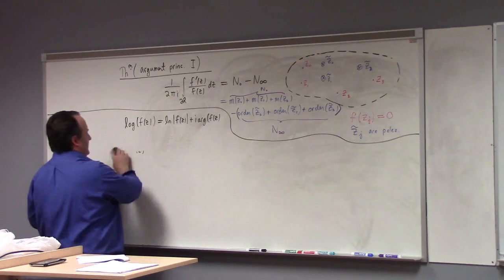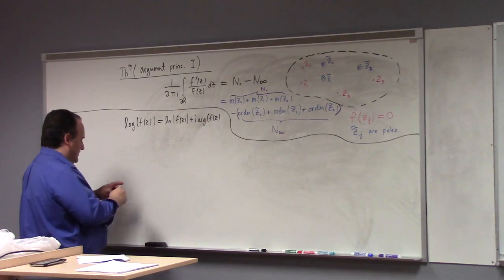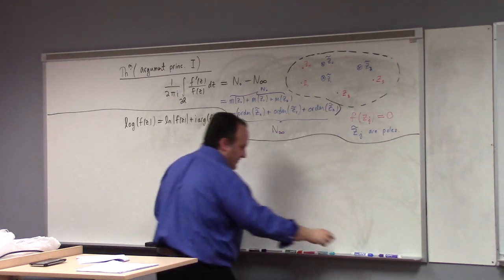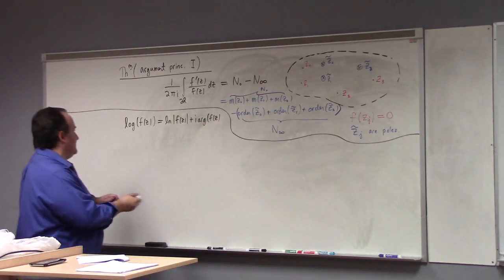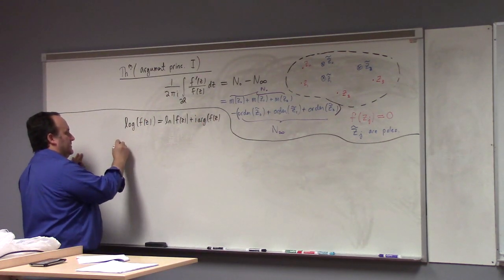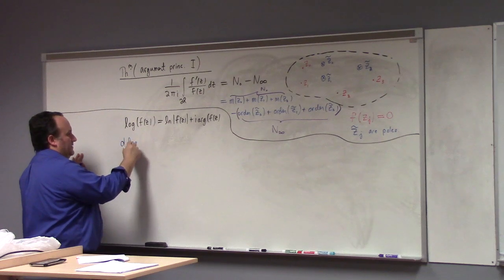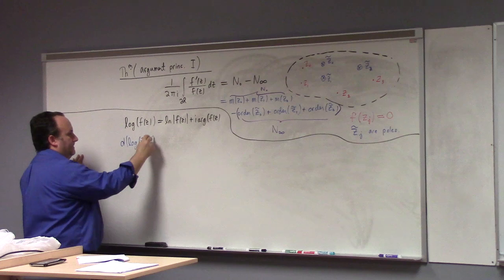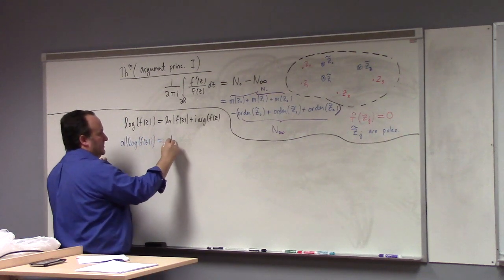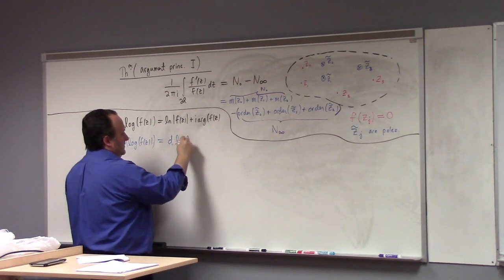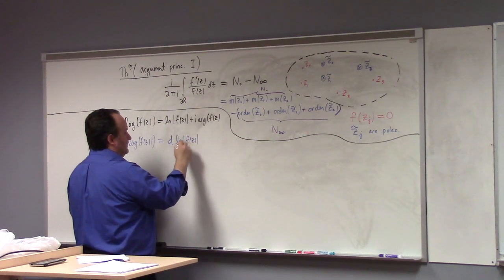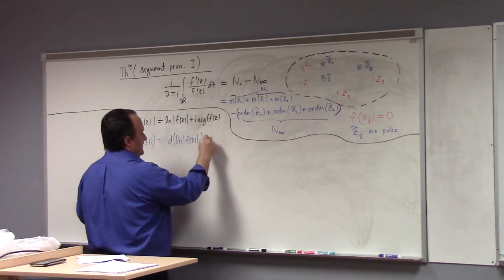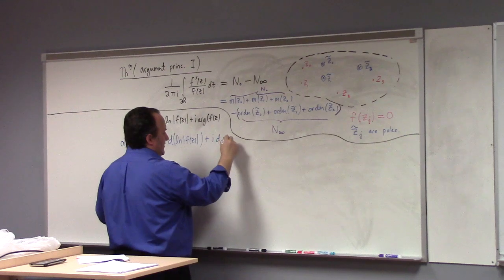So it is wrong. What I wanted to do is to take the differential of both sides, not the derivative. So the differential of the log of f of z is equal to the differential of the natural log of the modulus of f of z plus i times the differential of the argument.